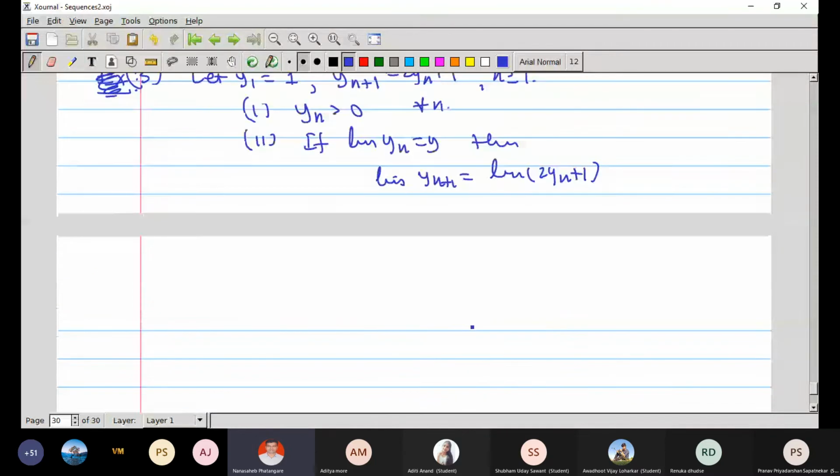Suppose the limit is y, then what will happen? y is equal to 2y plus 1 means what? y is equal to what? Minus 1. Is it possible? No, sir. Not possible.